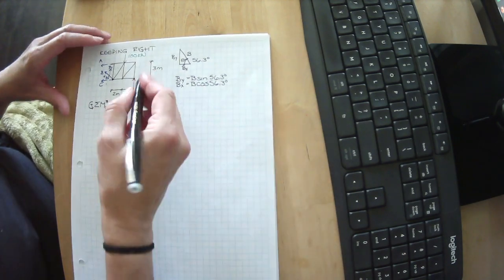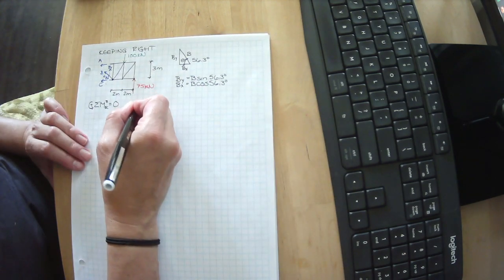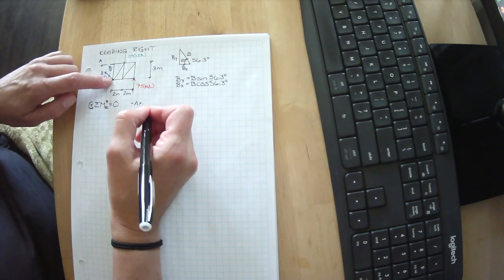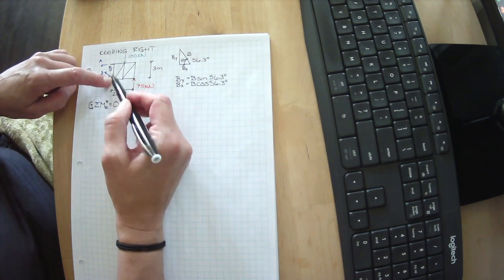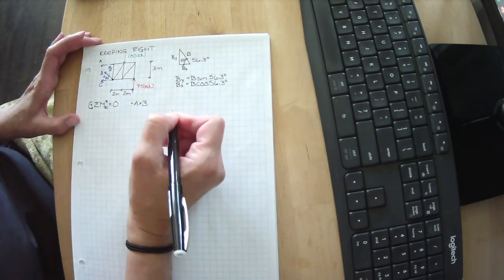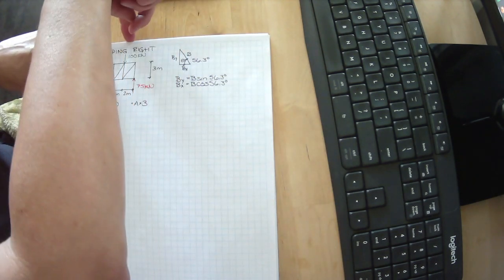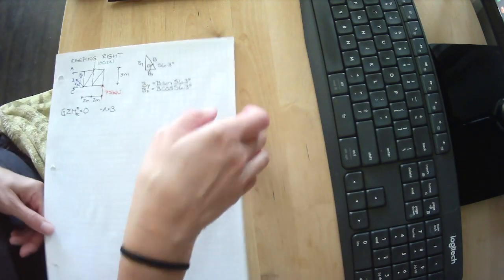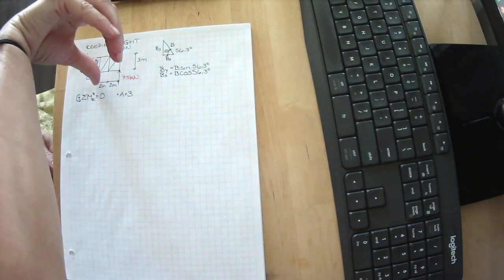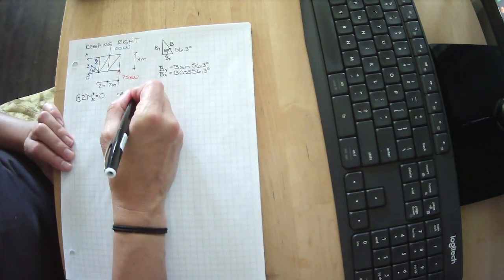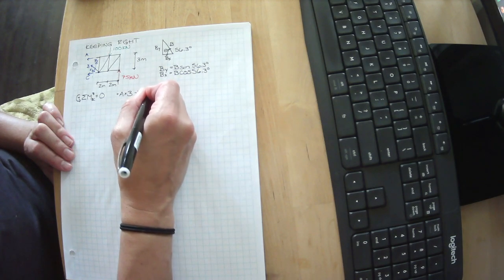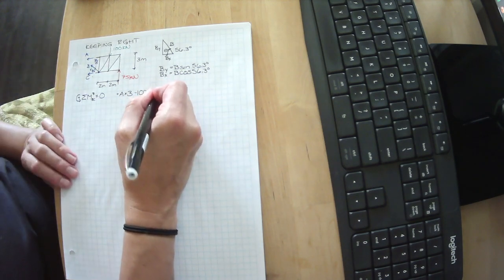It's positive. So I have plus A times 3 meters, since this node is 3 meters away from where A is trying to pass through. My 100 kilonewtons is trying to spin it in that direction. Curl my fingers. That is a negative. So minus 100 times 2 meters.